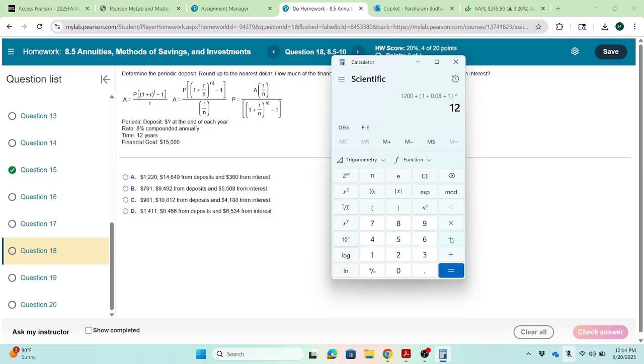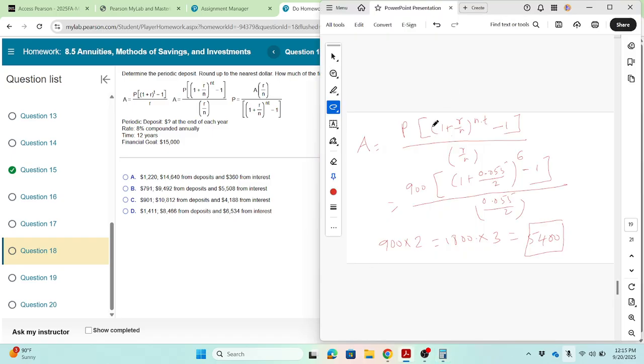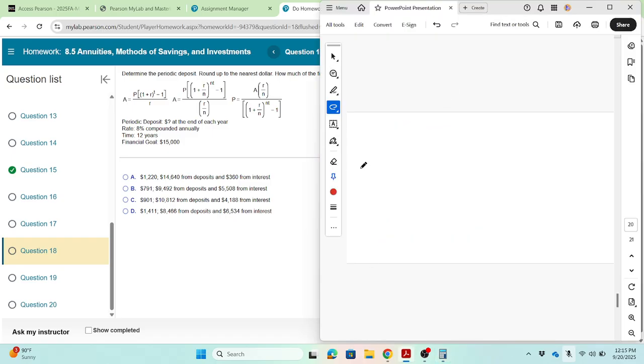And then I forgot to give the bracket here, so my calculation is not going to be right. I forgot to give the bracket. So let's say the top part is 1,200. Let's just keep that. So the top part is 1,200, and then we need to calculate the bottom part, which is 1 plus R over N to the power N times T, minus 1.